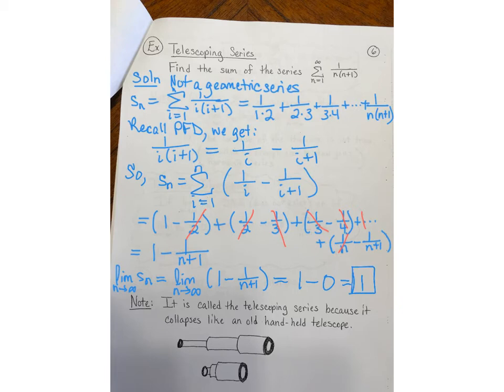So the series converges and its sum is 1. So that's a telescoping series.